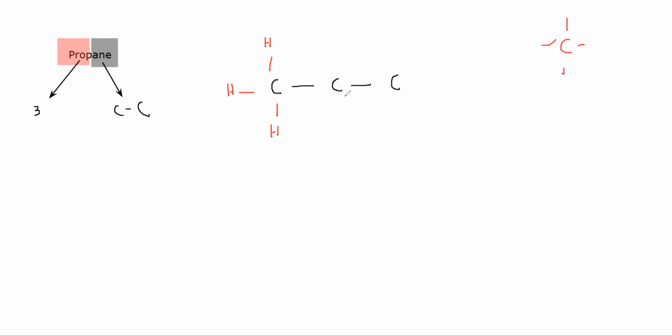How many hydrogen will the carbon in the middle have? 2, because 2 have already formed a bond. So remaining will be 2. And how many hydrogen will the last one have? 3.